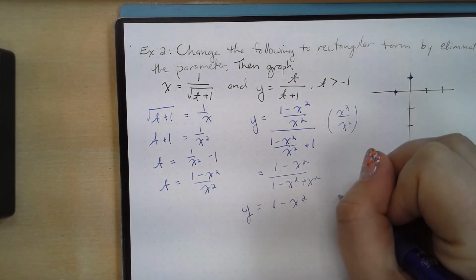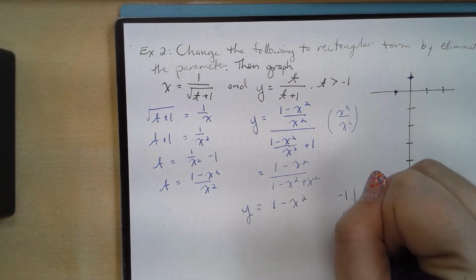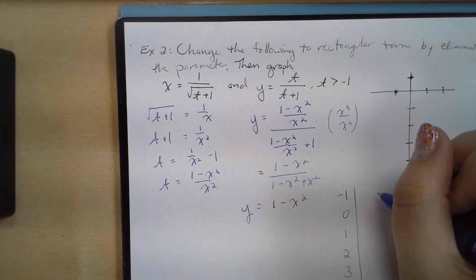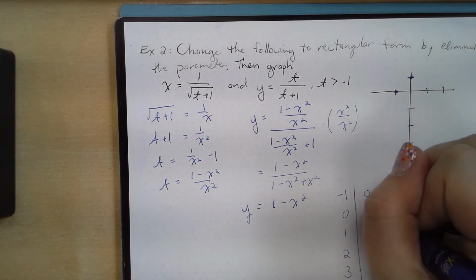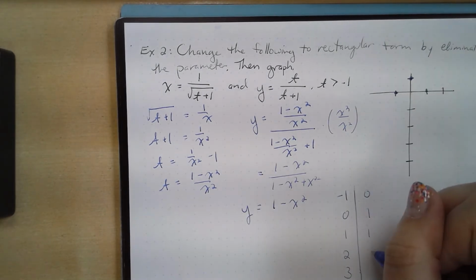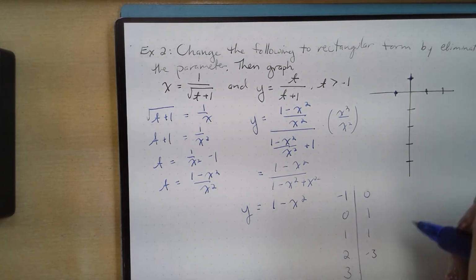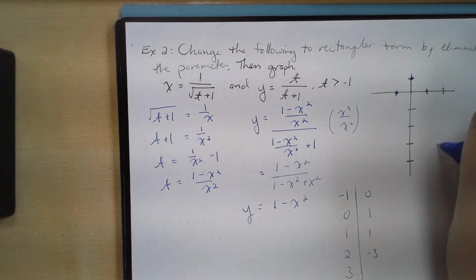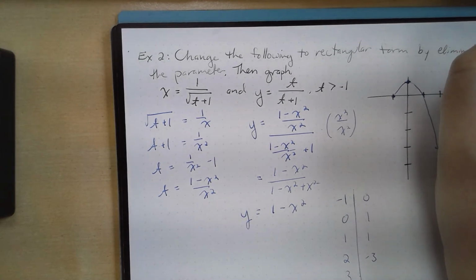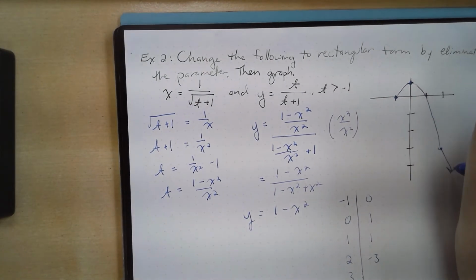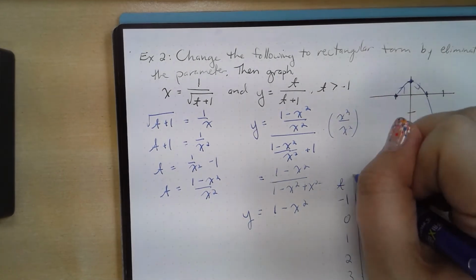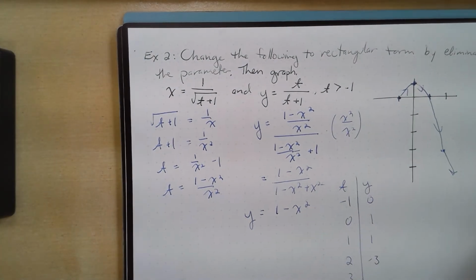So I should be going from negative 1, 0, 1, 2, 3, 4, so that I know my direction there. So negative 1 was 0, 0 was 1, 1 is going to be 0, 2 is going to be negative 3, and that's probably enough, right? So my graph, I wish I'd put it there. My graph will look like this, okay? This is my x, this is my y, all right? Let's do another example.